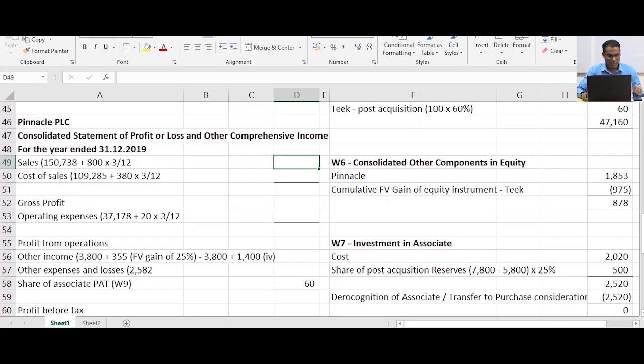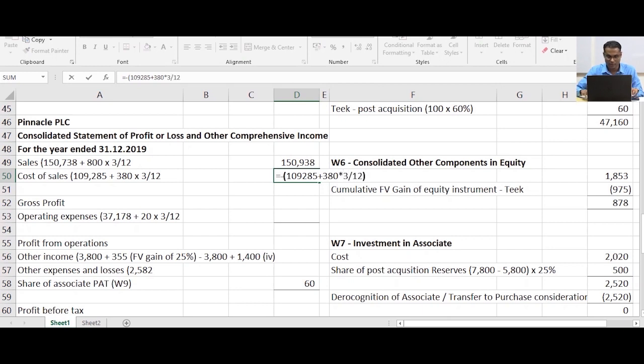So how much is the sales figure? You can take the numbers. 150,738 plus 800 multiplied by 3 divided by 12. How much is the answer? 150,938. Cost of sales has to be a negative figure, so I am taking the figures within brackets: 109,285 plus 380 multiplied by 3 divided by 12.